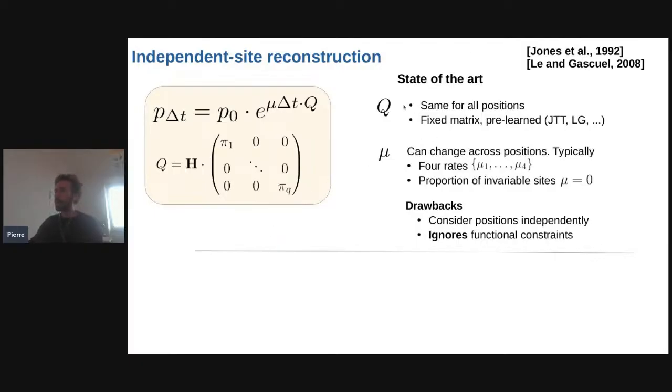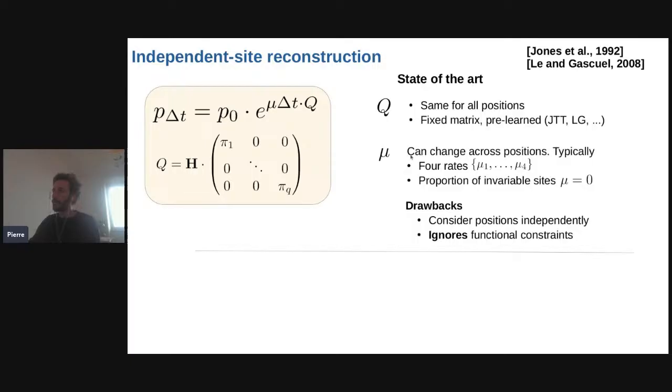So the state of the art is to say okay, you have many methods here. What people use the most, and maybe people who know more in the audience can correct me, is to use the same matrix Q for all sequence positions. Typically, these are matrices that are pre-learned on some curated data sets. So for proteins, you have the JTT matrix, the LG matrix, and others.